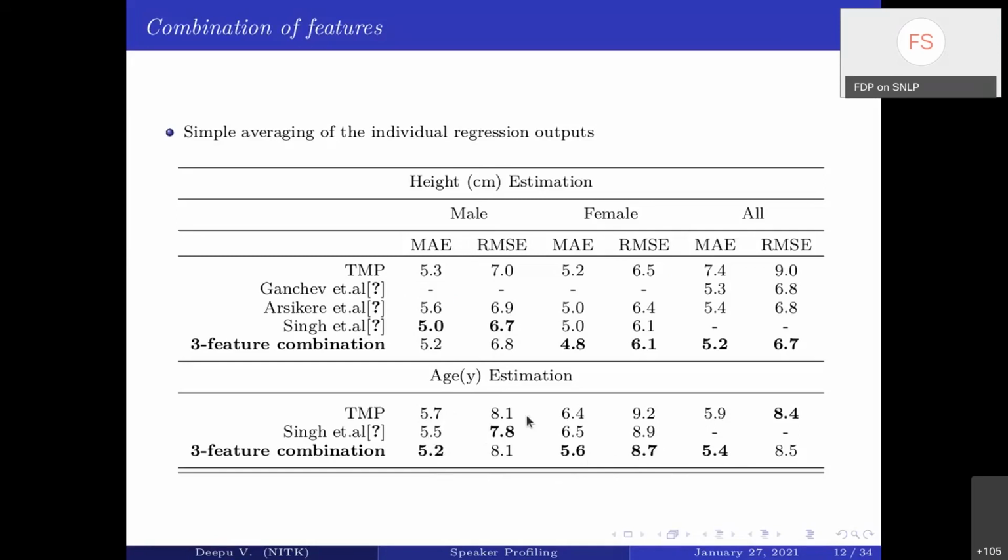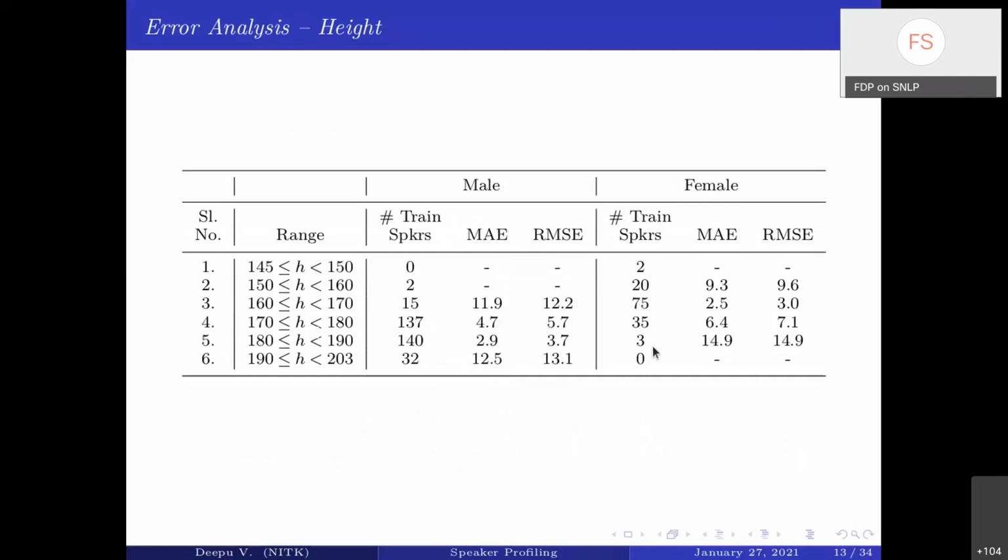Only this RMSE error was inferior, and that is because of a couple of speakers who had very high values. In general, we were looking much better with our set of feature combinations here. So that's basically the feature combination setup.